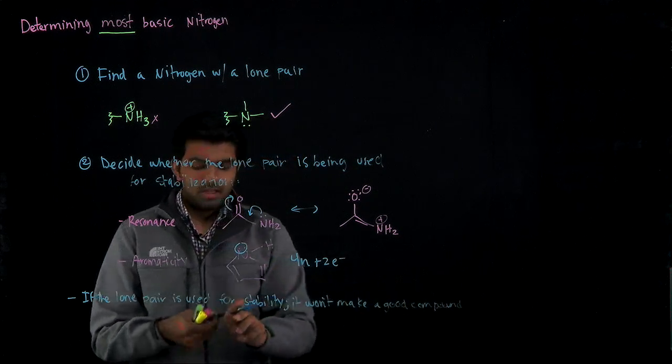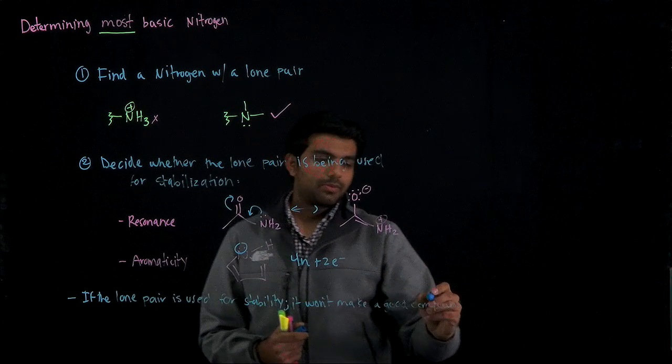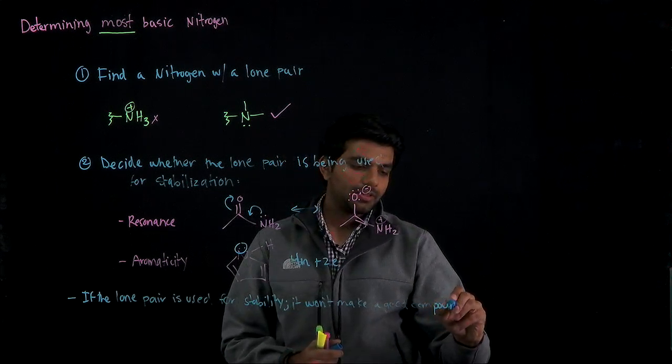And so then, in determining, it would be the lone pair that isn't being used for stabilization that would be the most basic within the compound.